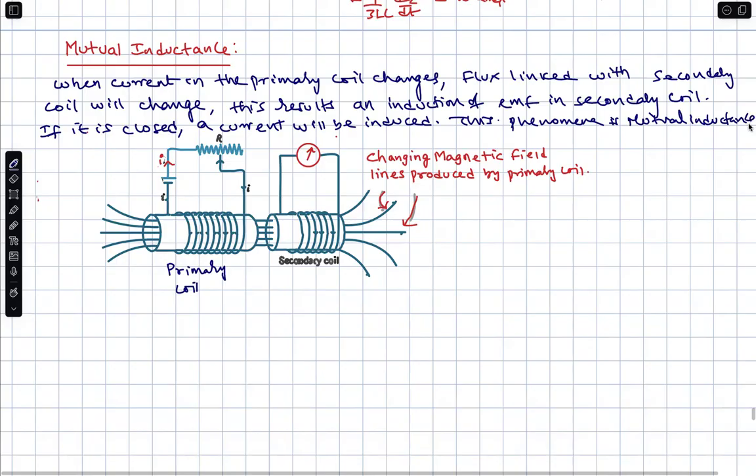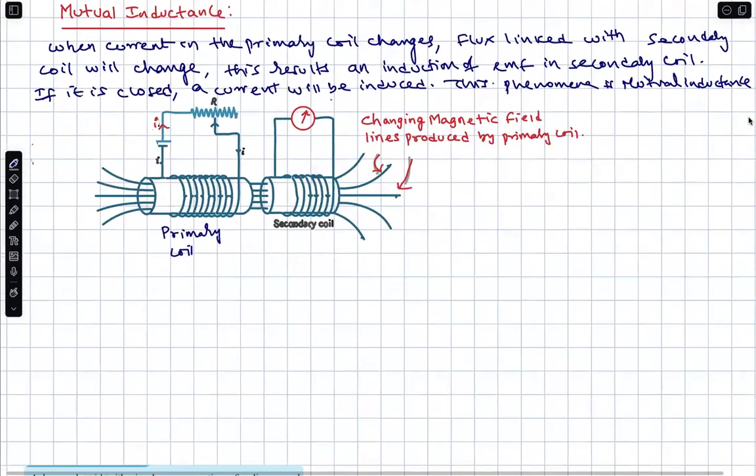In fact, a transformer works on this principle. You can see here in this case, there is a primary coil and there is a secondary coil. They are closely wound coils.